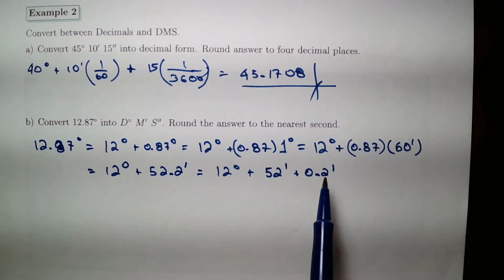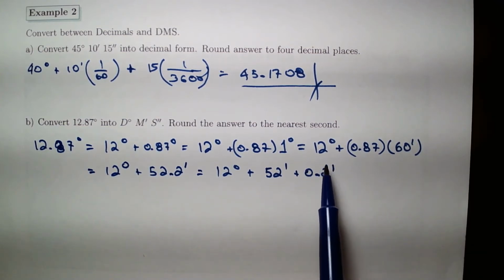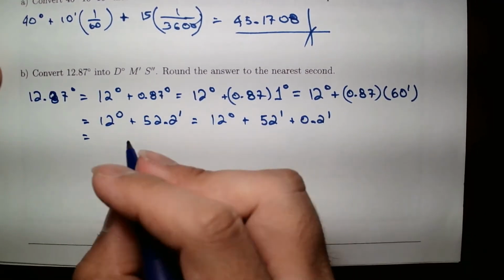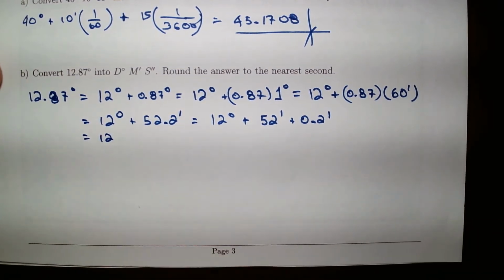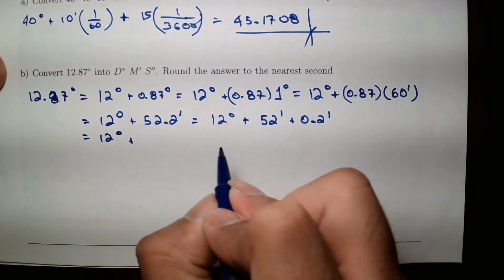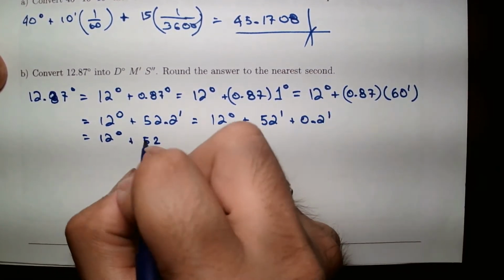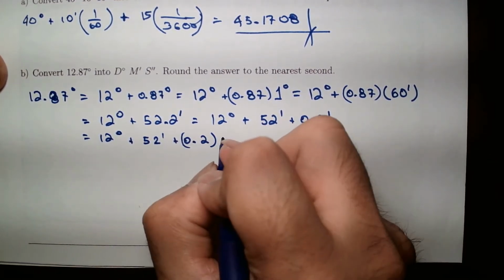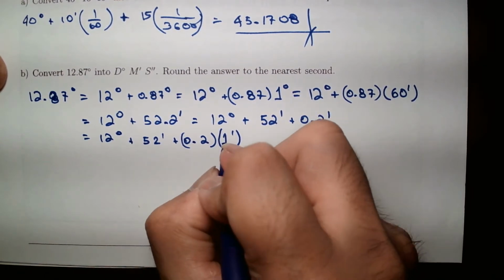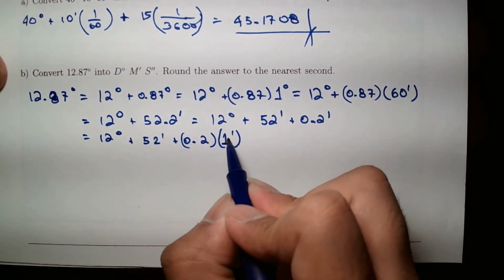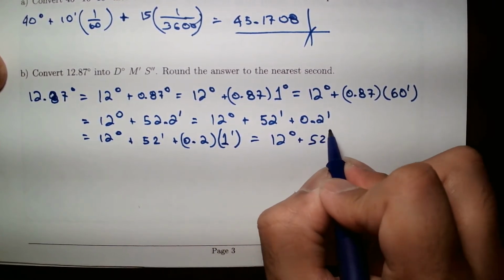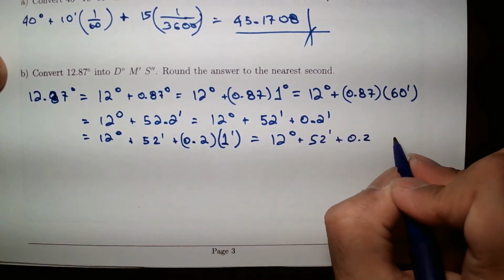Now here is where we convert these minutes into seconds. Let me change the notation here: 12 degrees plus 52 minutes plus 0.2 of a minute.